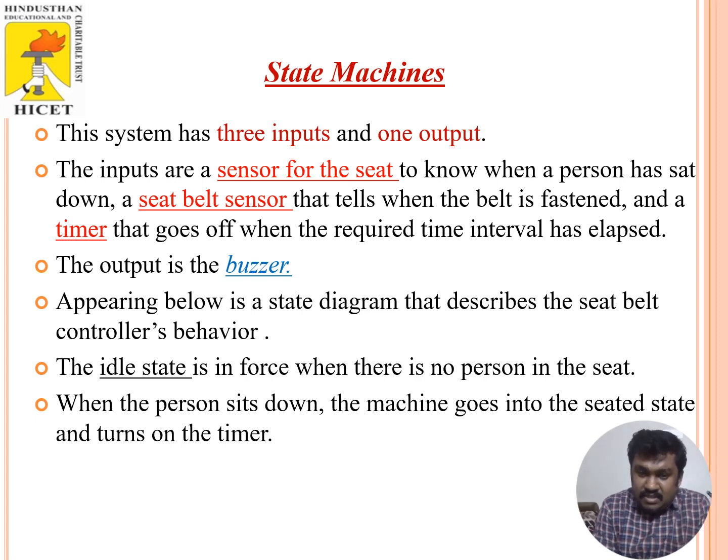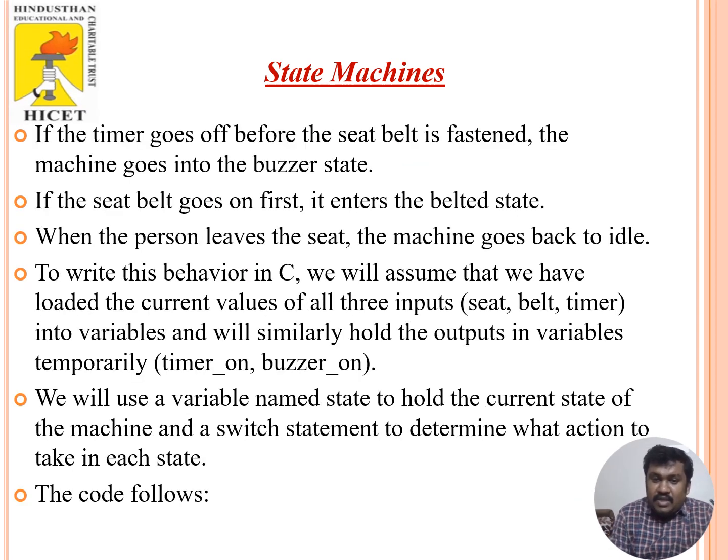So when a person sits down, the machine goes into the seated state, then into belted, and finally the timer gets turned on. So if the timer is off before the seat belt is passed in, then the machine goes into the buzzer state.